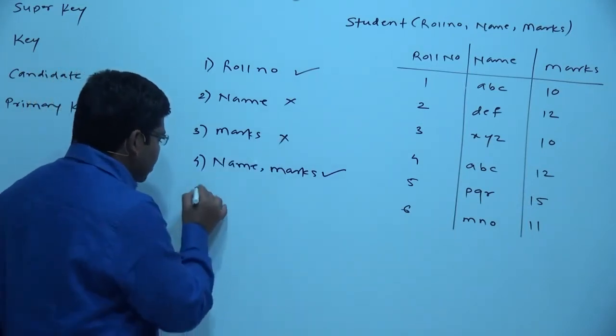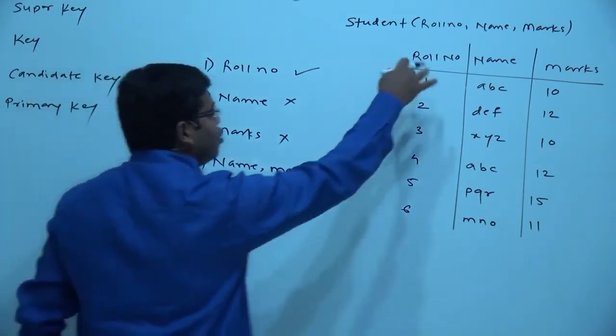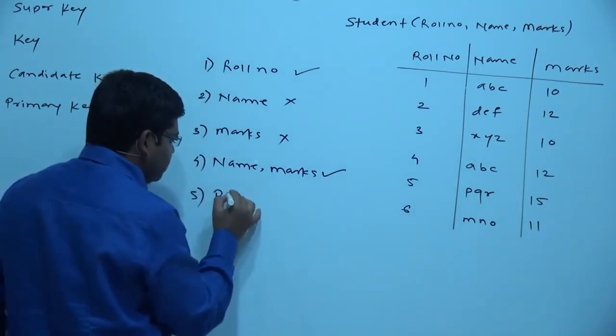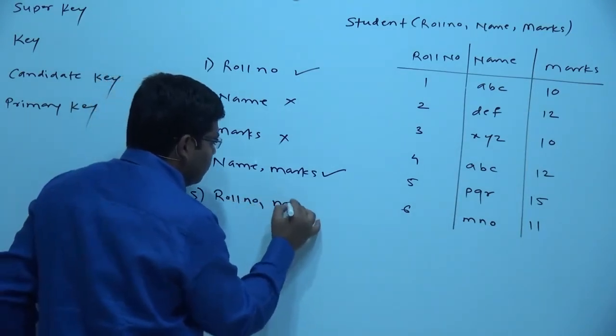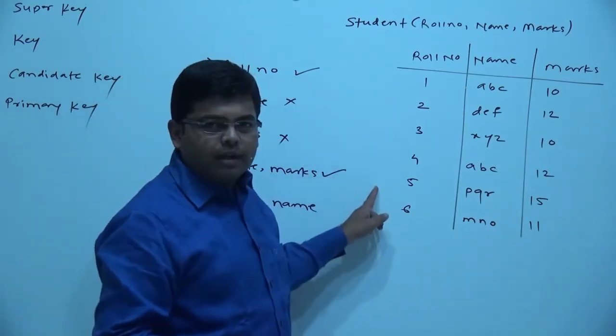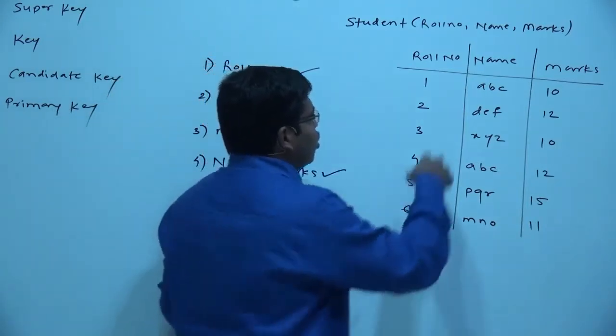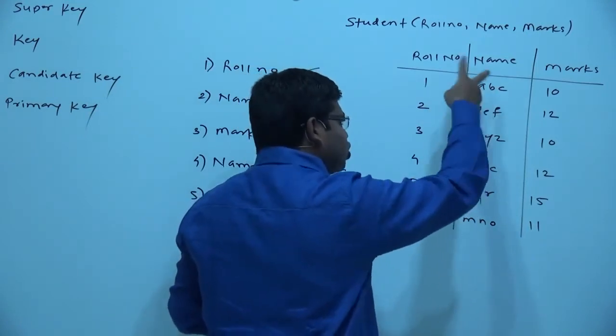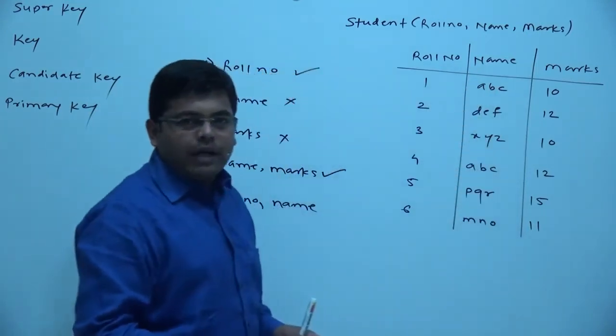Similarly, let's try to combine other attributes. We will combine roll number as well as name. Now roll number alone was sufficient to uniquely identify the row, and that is why roll number and name, this combination will also be able to identify the tuple.